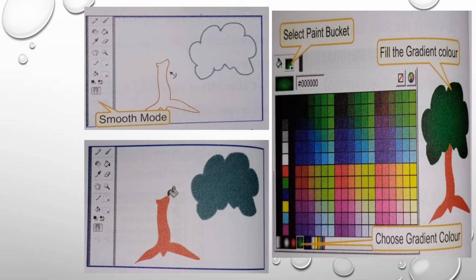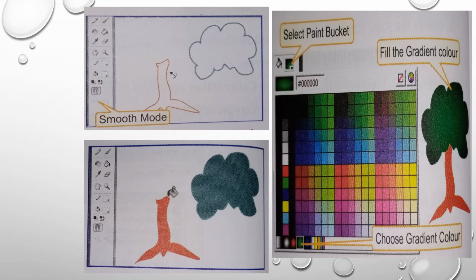Select the pencil tool and choose the smooth mode from the options section. Select green as the stroke color and fill color. Draw the curves of the tree top as shown here. Select the paint bucket tool and click inside the tree top.